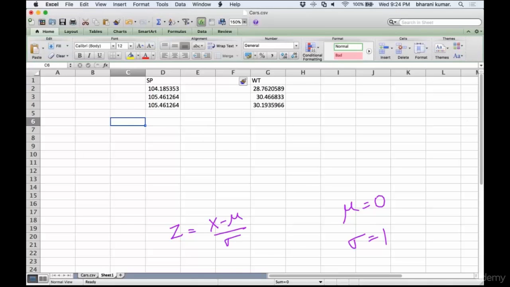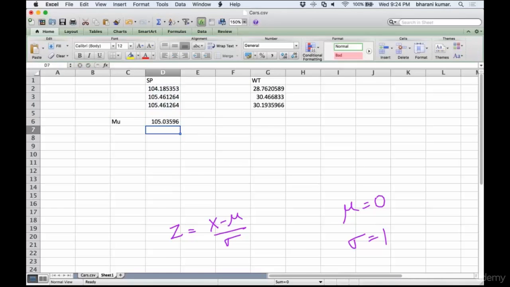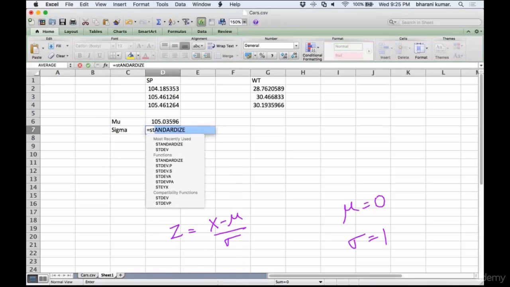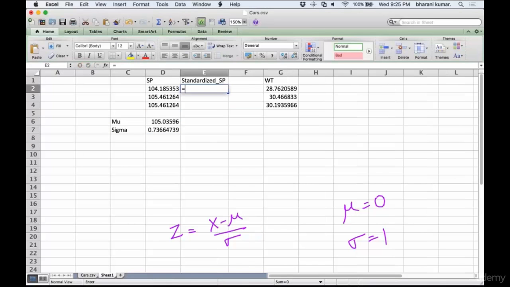In order to calculate mu, that is the mean, you just need to type in the average of these data points. And if you want sigma or standard deviation, it is nothing but the standard deviation of these. Now if you want to get the standardized value of the top speed of the vehicle, what is the formula?